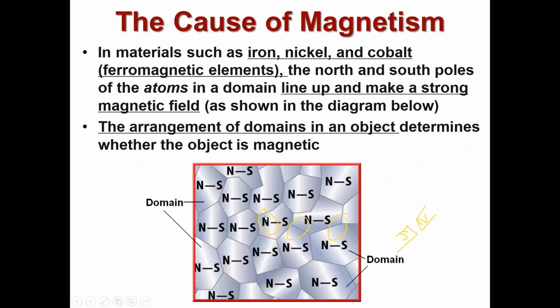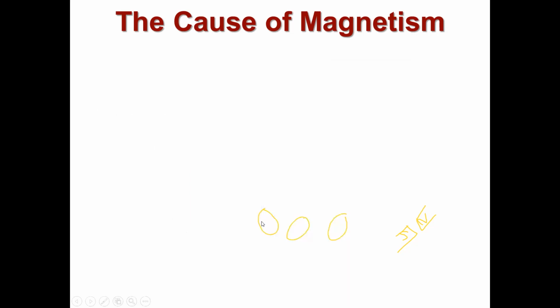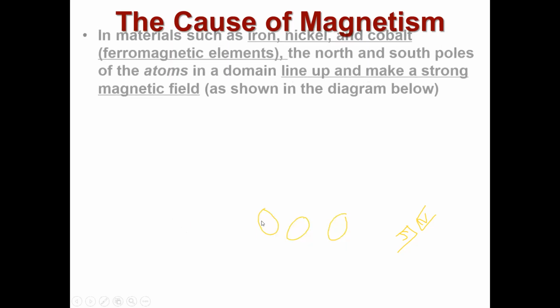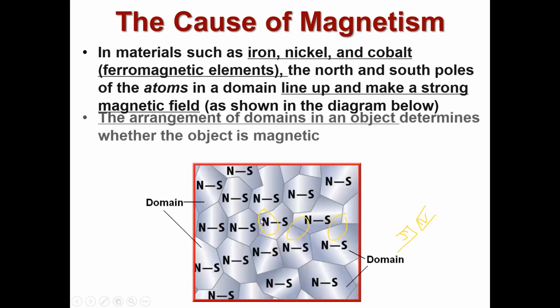That's why if you put a magnet beside iron, it will attract. If you put magnets on the nickel, it will attract. But if you put it beside aluminium, they will not attract. Why? Because the poles of the atoms of the aluminium are arranged randomly, as you see here.